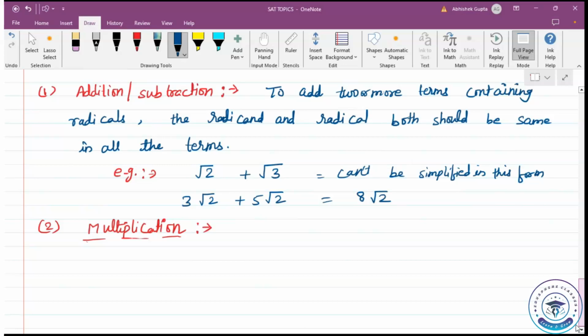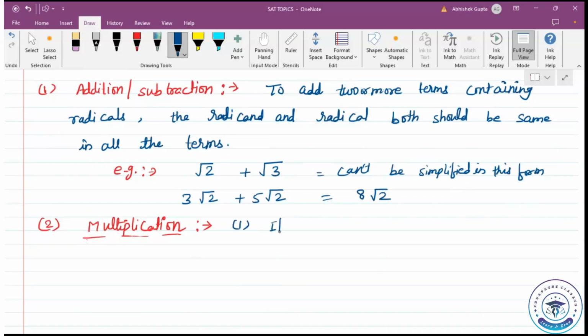First, when all the terms have the same radicals, only we have to see about radicals.